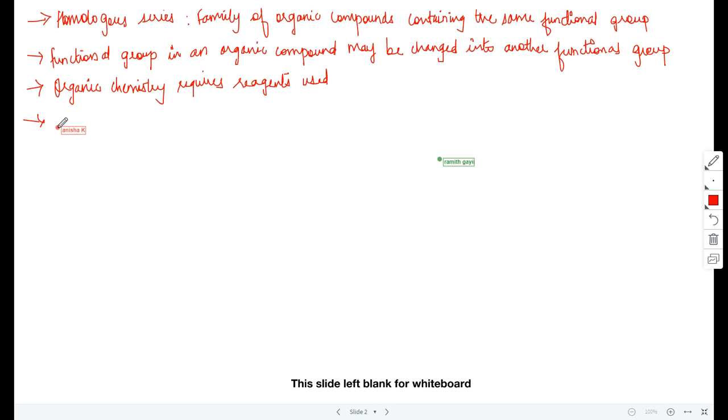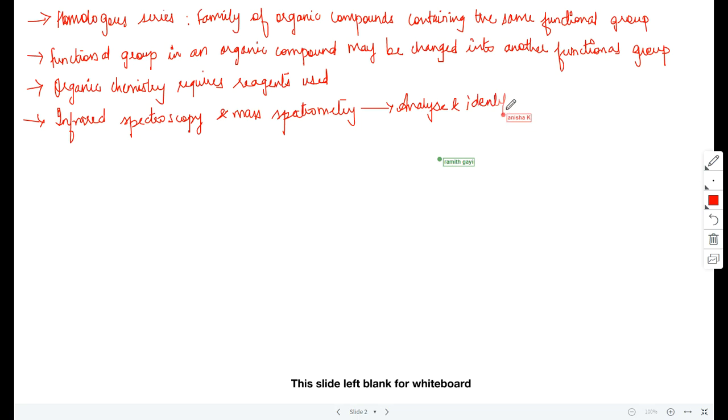Okay, so infrared spectroscopy and mass spectrometry are used to analyze and identify an organic compound, right?